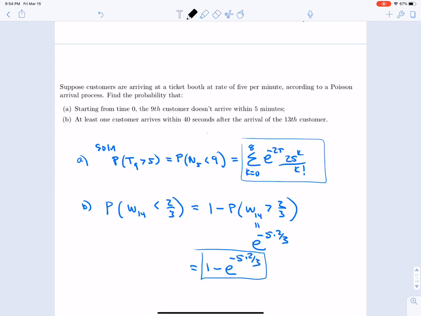So 2/3 is 40 seconds, 2/3 minutes. And so that's just 1 minus the probability that the 14th waiting time is greater than 2/3, which is just a survival function here. And easy peasy, right?